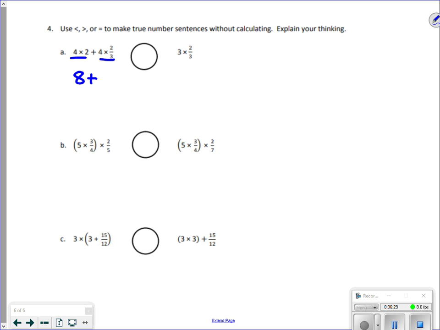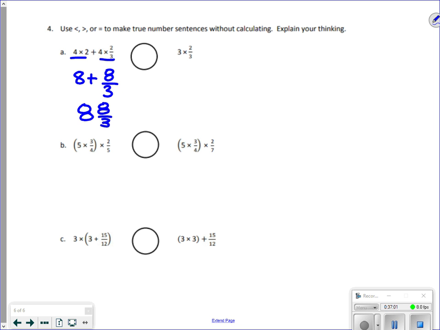So 4 times 2/3 is 8/3. If I have 8 plus 8/3, 8 and 8/3. Don't make that harder than it is. Like 4 cups of water plus a half a cup of water is 4 1/2 cups of water. Now, this is improper. For right now, I'm just going to leave it alone because I might not even have to worry about it because this side might just be easy.